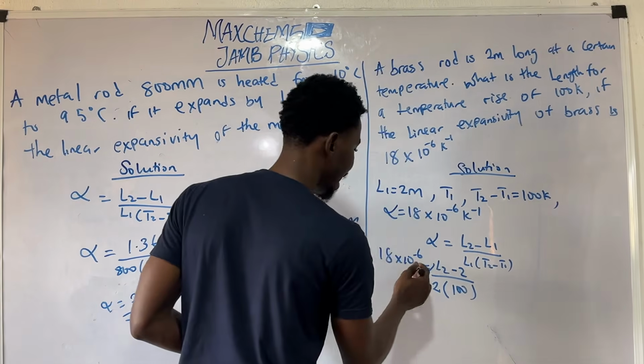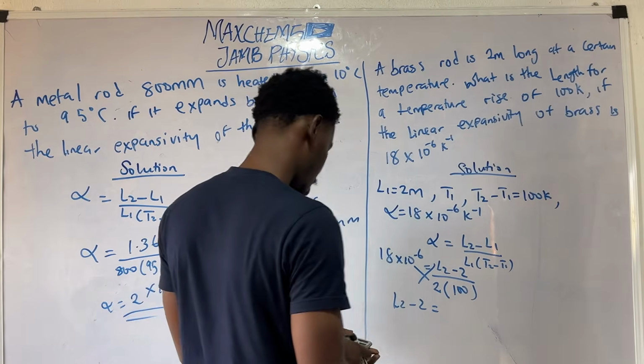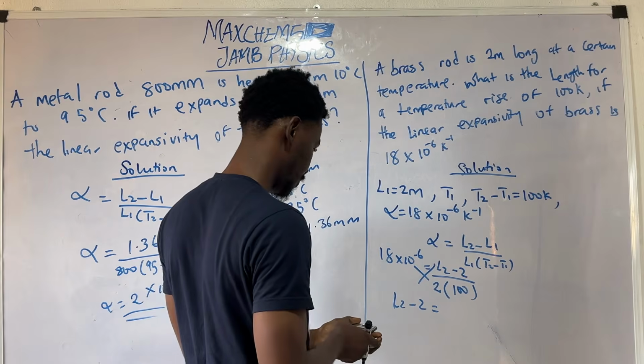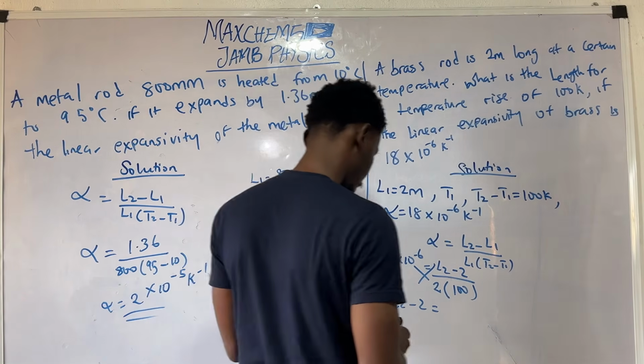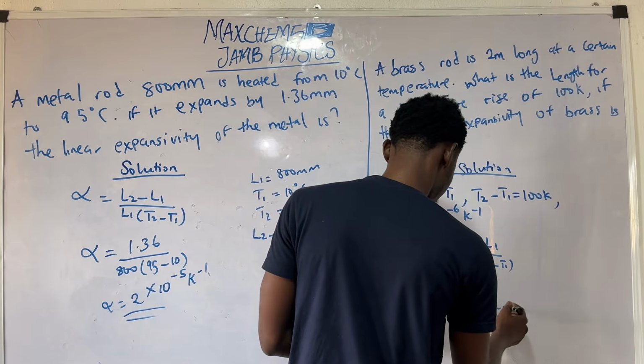So cross multiplying, I have L2 minus 2 is equal to 3.6 times 10 to the power minus 3.